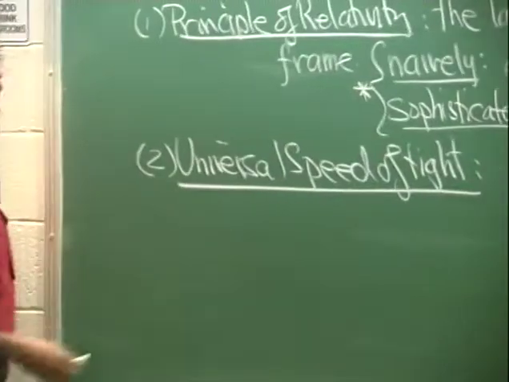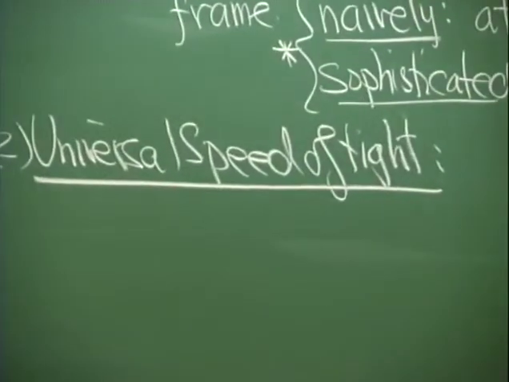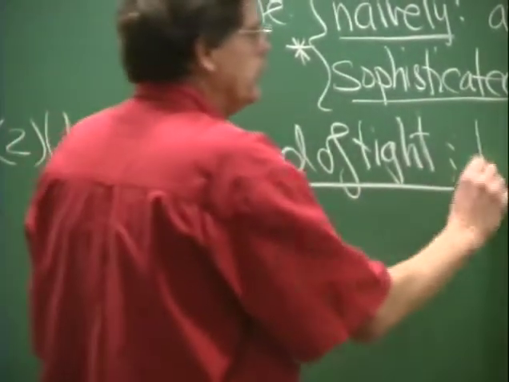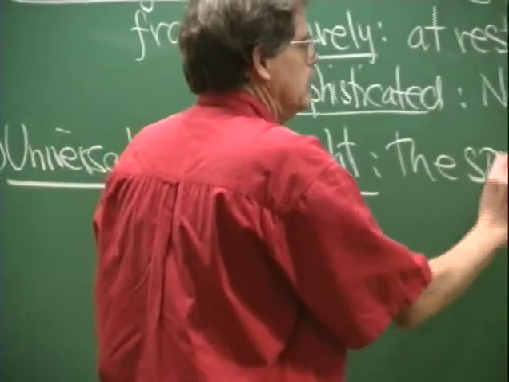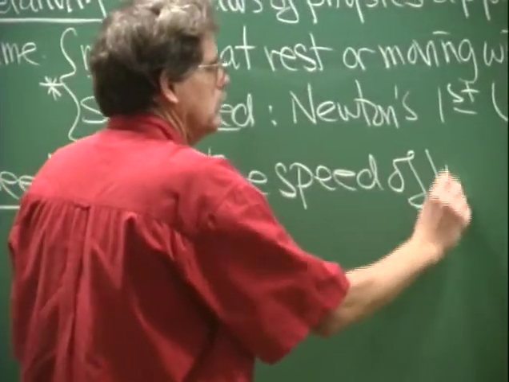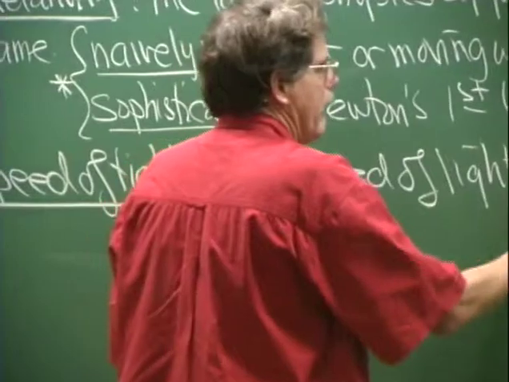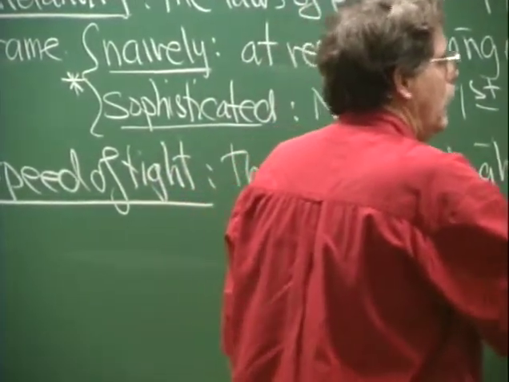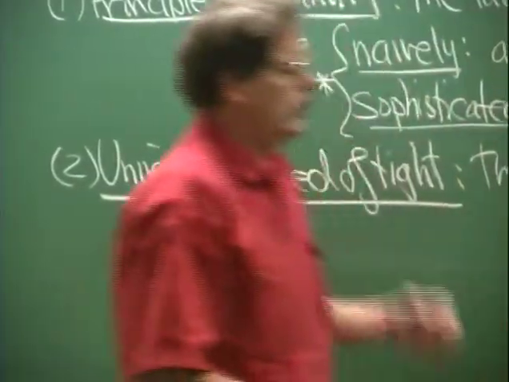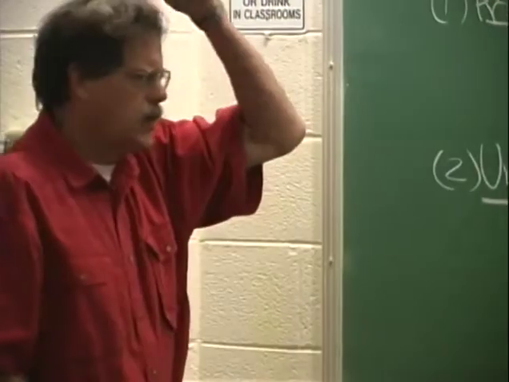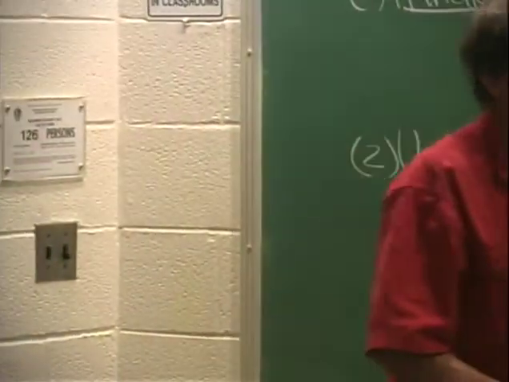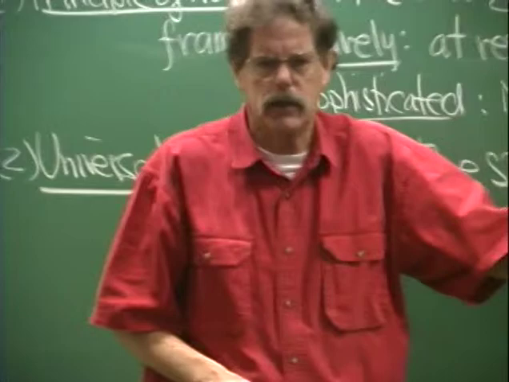Which says that the speed of light in vacuum is the same in all inertial reference frames. By the way, for the purposes of this discussion of relativity, when I say the speed of light, I always mean the speed of light in vacuum, okay?